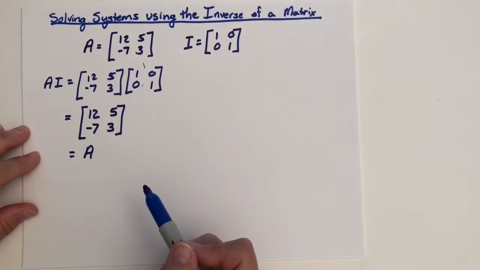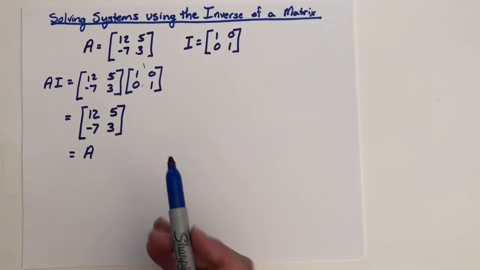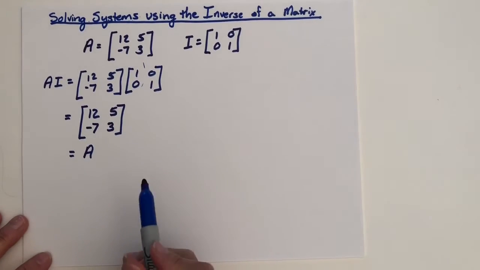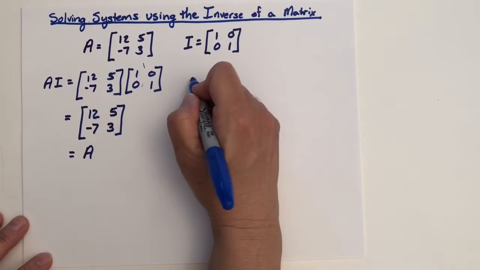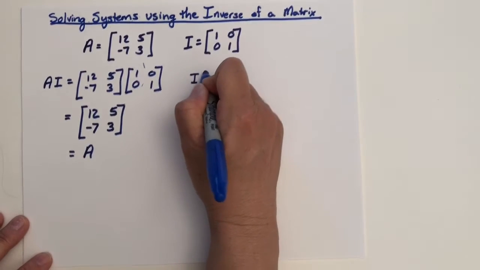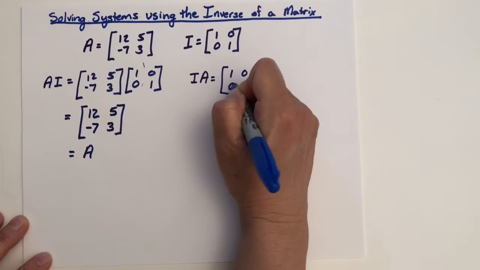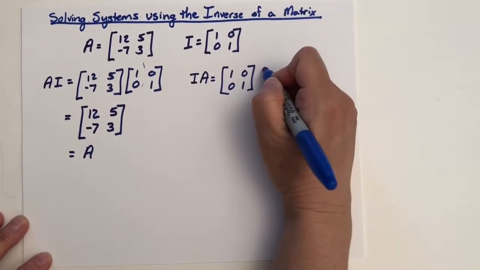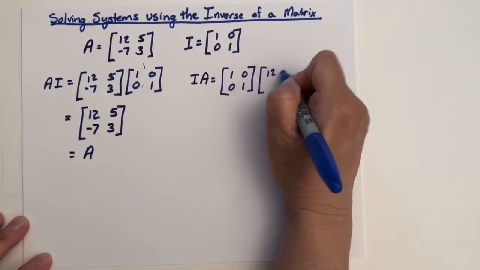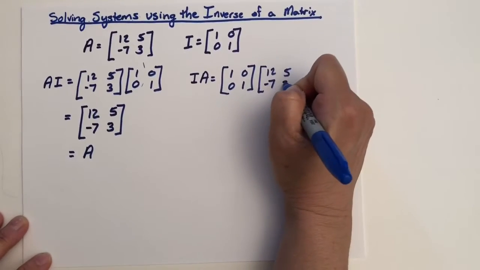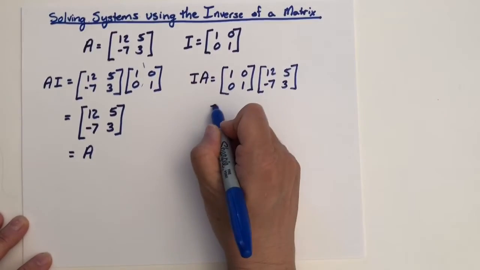We know that multiplication of matrices isn't commutative. So what happens in this case, though, when I put the I first? [1, 0; 0, 1] multiplied by [12, 5; -7, 3]. And here we go.